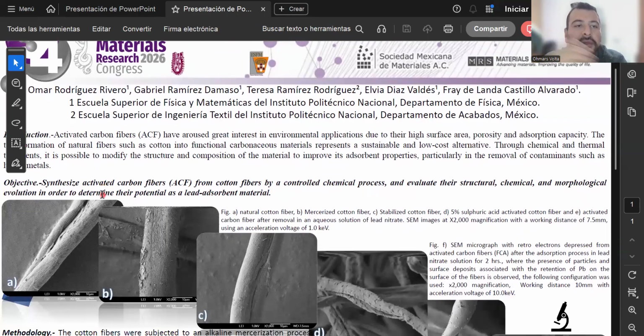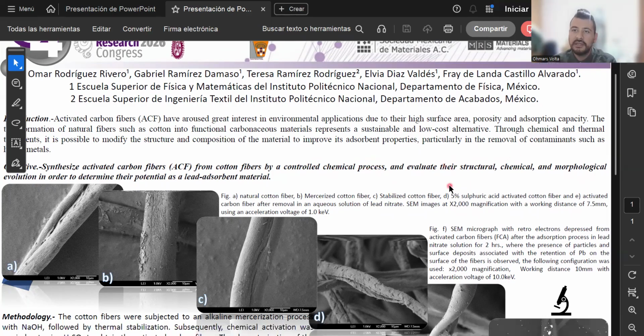As an objective, synthesize activated carbon fiber from cotton fibers by a controlled chemical process and evaluate their structural, chemical, and morphological evolution in order to determine their potential as a lead adsorption material.